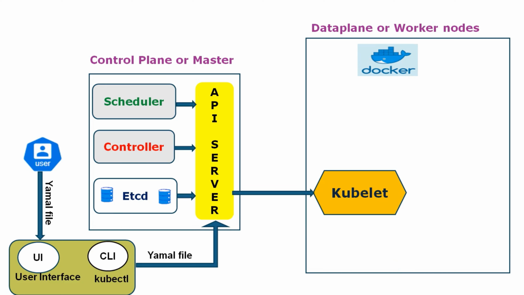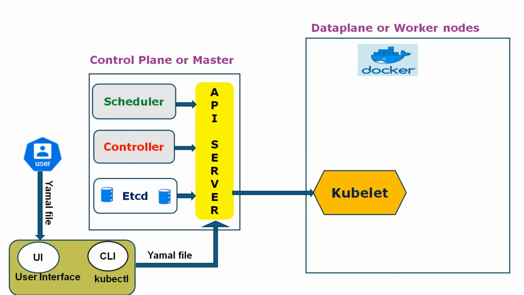So kubelet is the component which will run on each worker node in the data plane. Its duty is to collect the workload from the scheduler, or read the information about the servers and give it back to the master or control plane. So that is how your master knows what is happening in each and every server.